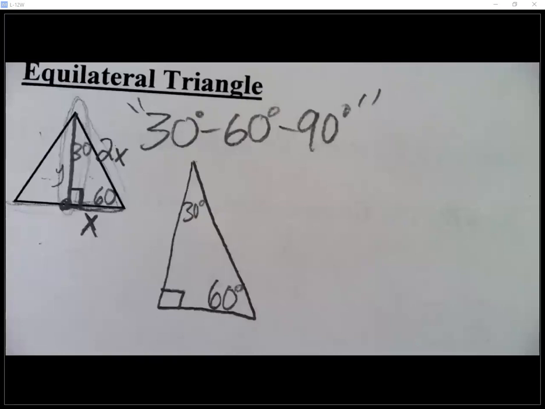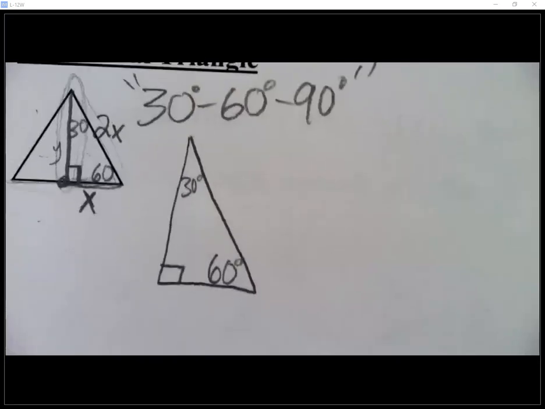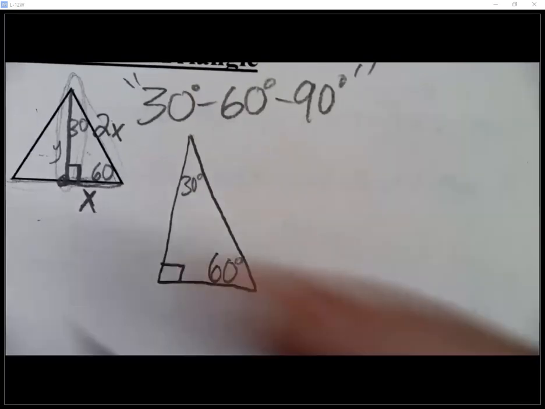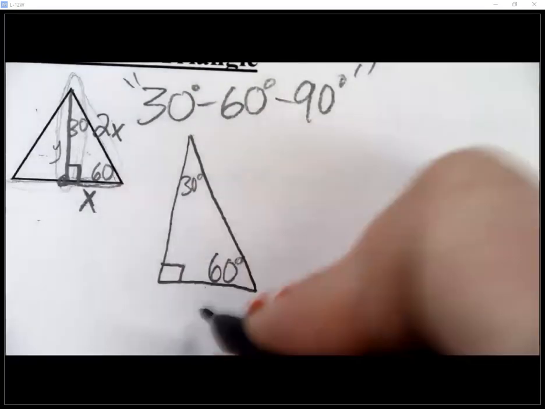So here's basically when you are setting up your special right triangle: the side across from the smallest angle is the smallest side, right? You remember that? My smallest angle is 30, so the side across from the 30 always has to be the one that we call x.